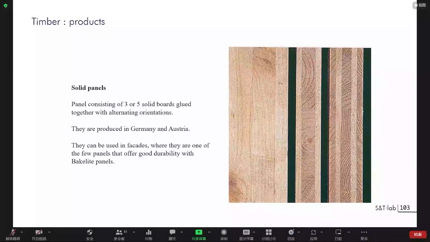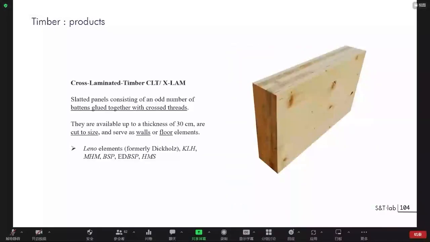There's also product that could be chosen for long-standing holding at the external zone of the building, for instance, with the solid panel. And something very interesting would be this timber product, CLT, cross-laminated timber, that we'll be discussing, and that represents a true revolution for timber.